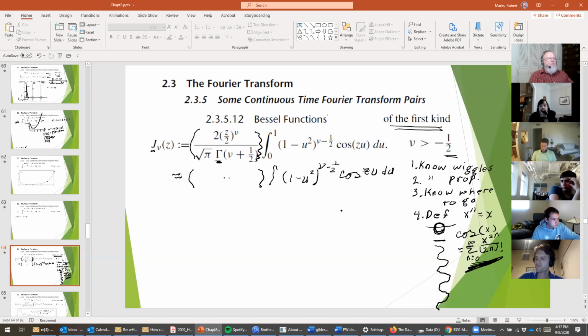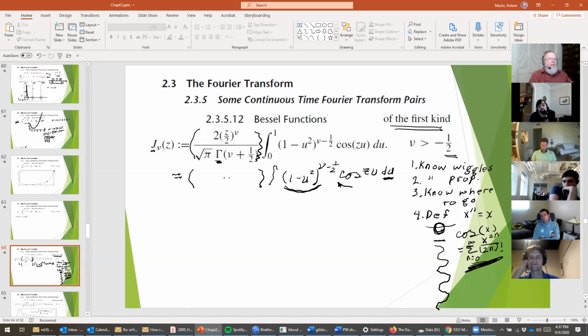Now, what kind of function is this? We're just looking at functions of u. Is this an even or an odd function? You'll see some of the power here of even and oddness. As a function of u, that's an even function, isn't it?